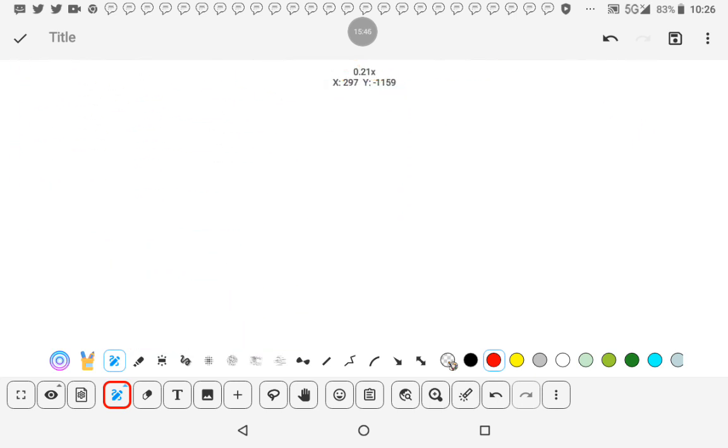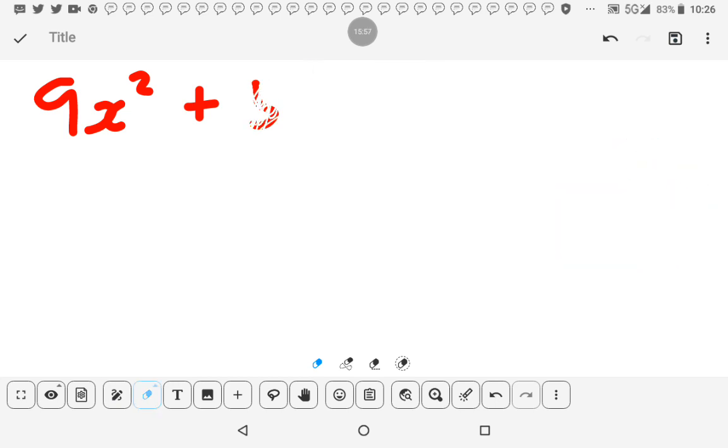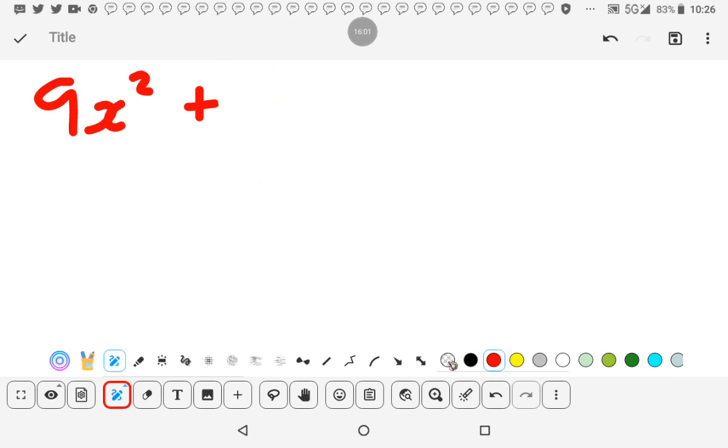So supposing that you have this value, 9x squared plus 30x plus 25.